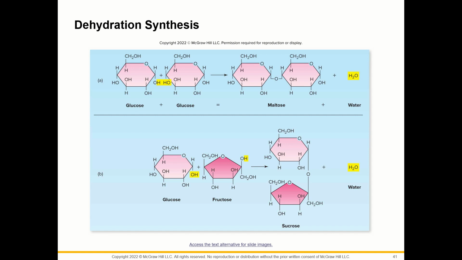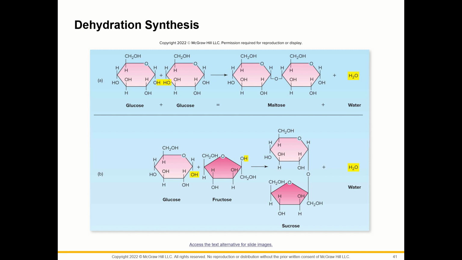This is illustration 2.16 in your book, and it shows the dehydration synthesis of disaccharides. So the two disaccharides formed here are A, maltose, and B, sucrose, also known as table sugar.